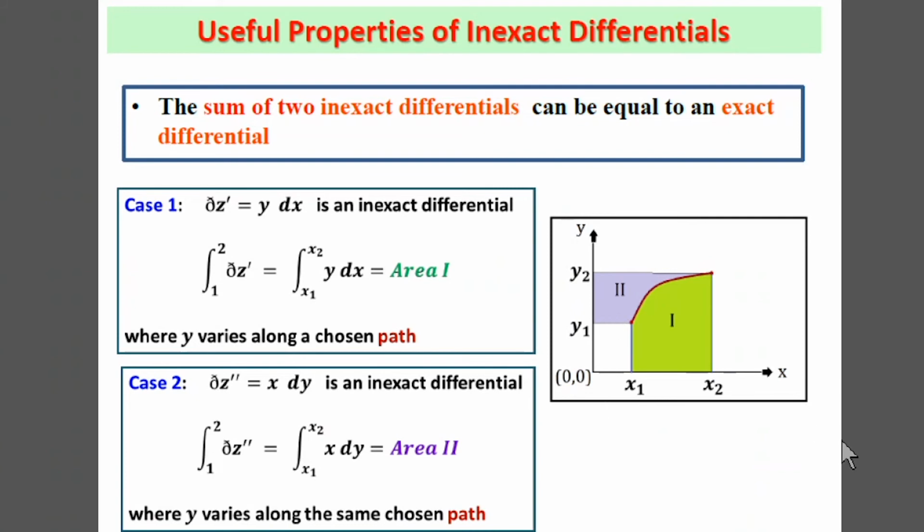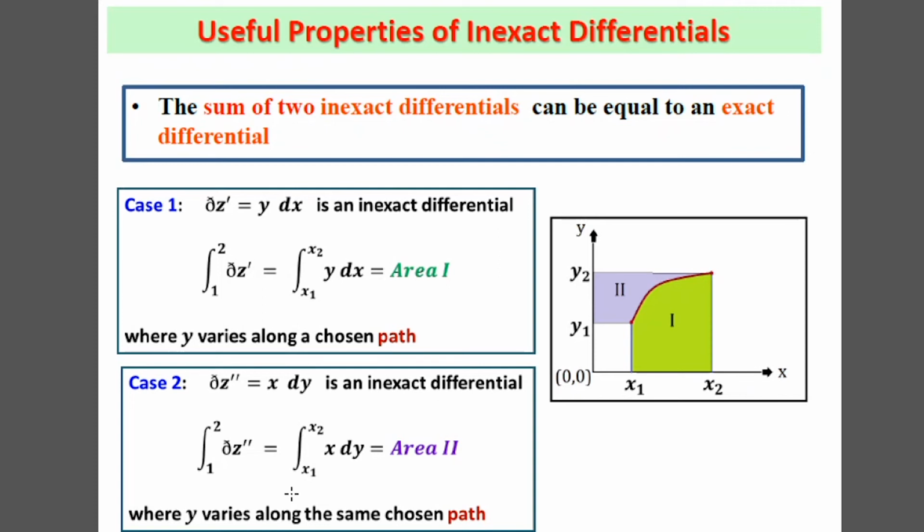Now, in case 2, suppose I have another function x double prime, whose differential can be represented as x dy. You can make out that this is also an inexact differential.